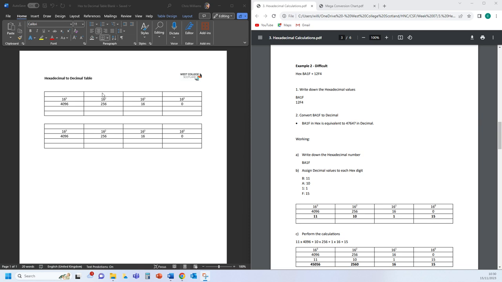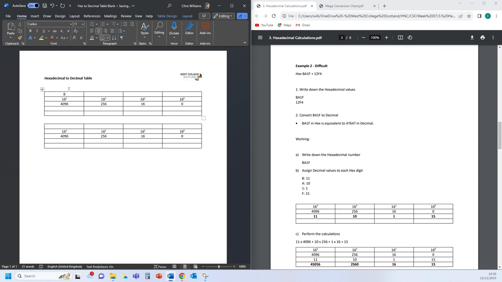So I've altered the hexadecimal to decimal table here slightly, and the reason I've done that is so that we can put in the hexadecimal values above these bits, and that way you can see which one is which, you can see what you're doing, it's a bit more clear.